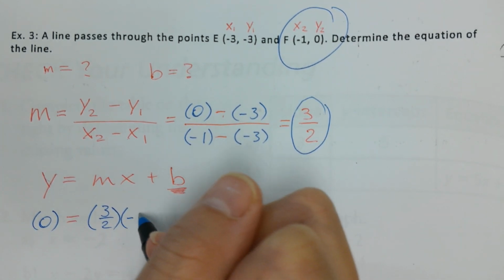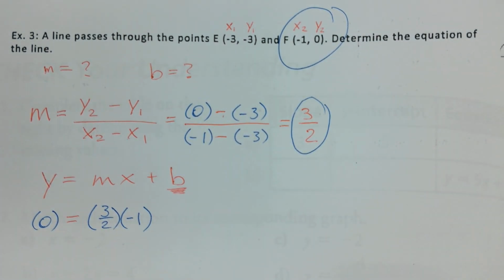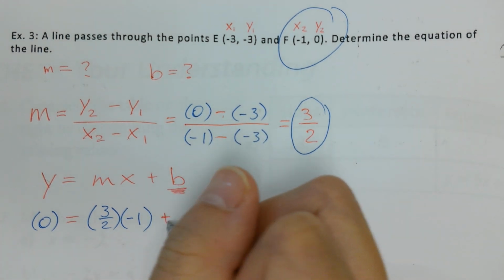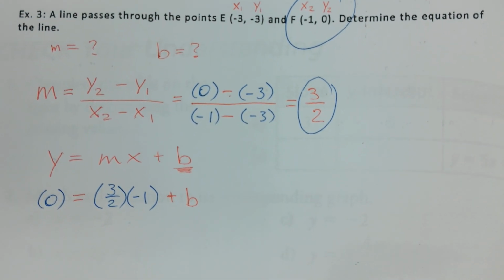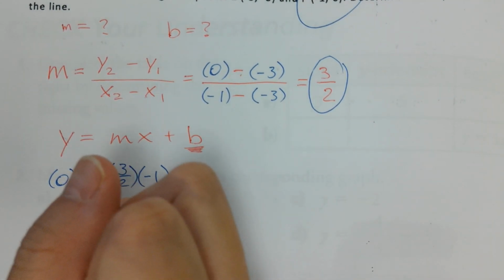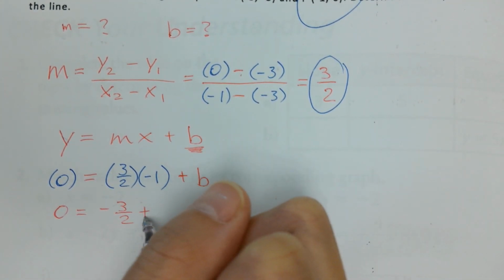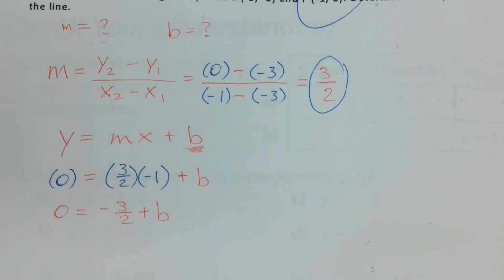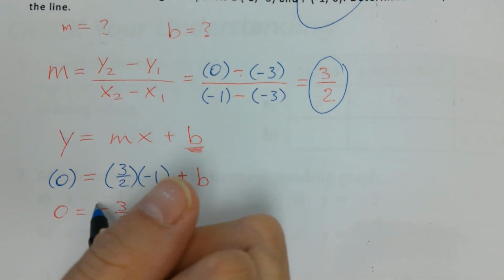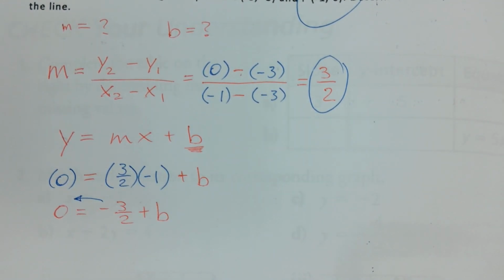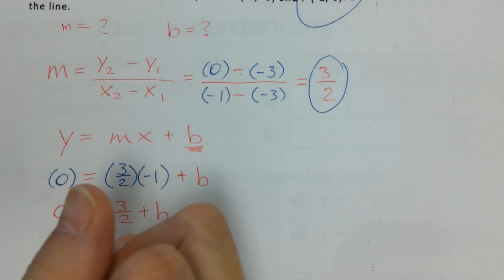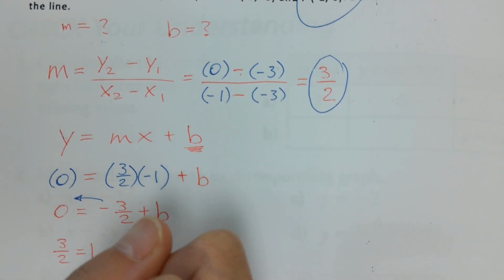X is negative 1. And I have plus b. Okay, so when I solve it, I get negative 3 over 2 plus b. So b is? Positive 3 over 2. Yeah, that's it.